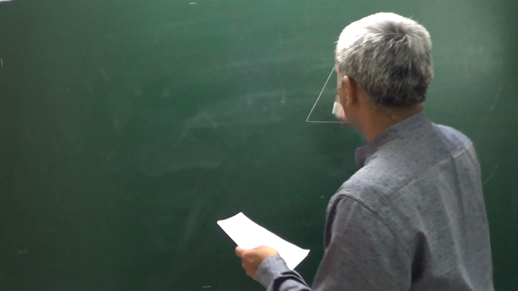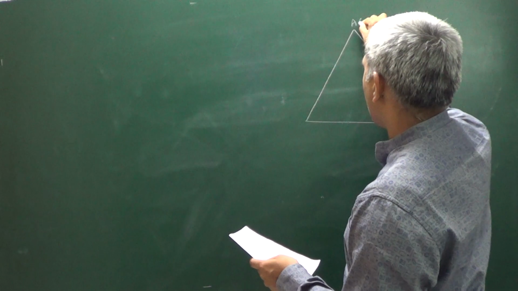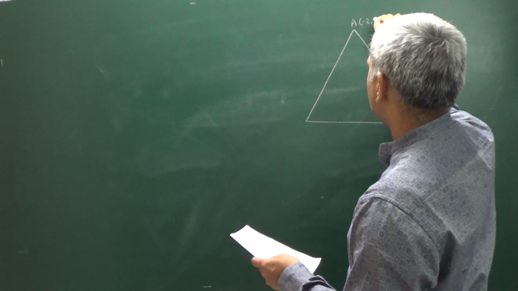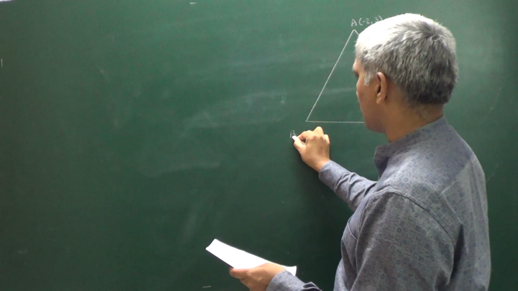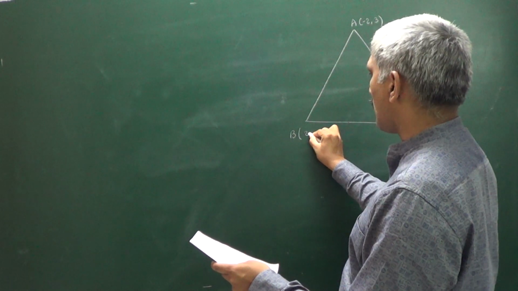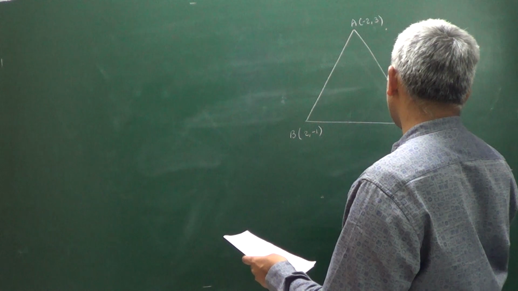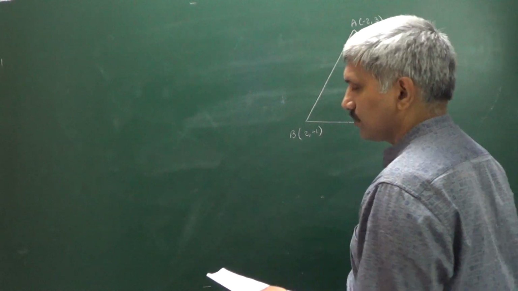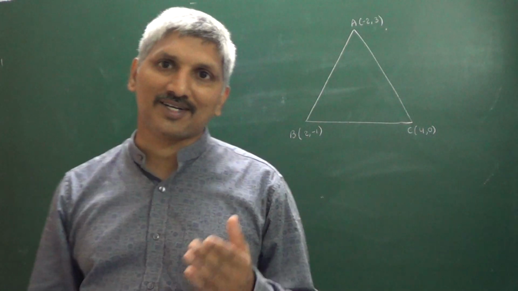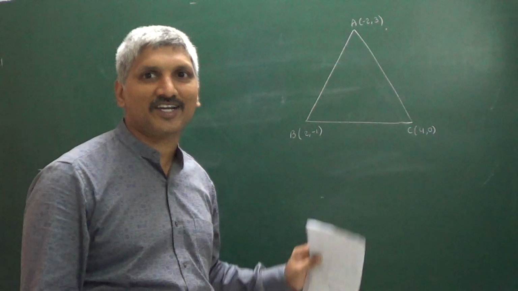One point is given as A(-2, 3), one more point is given as B(2, -1), and another point is given as C(4, 0). We want to find the circumcenter of this particular triangle.